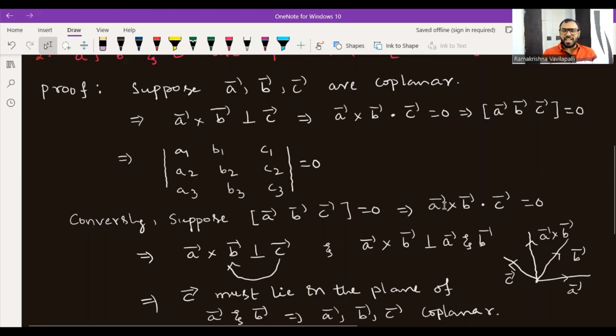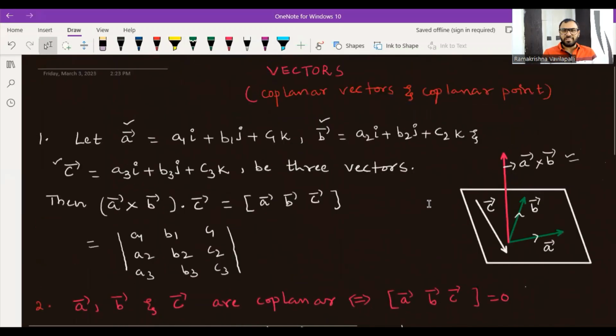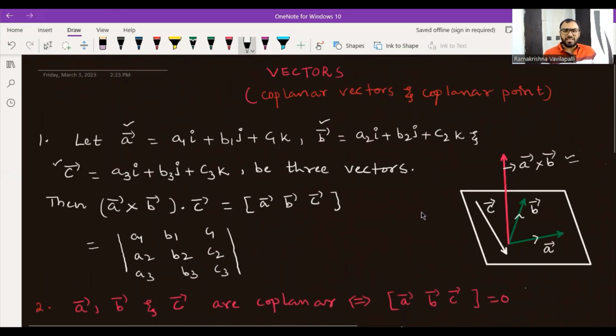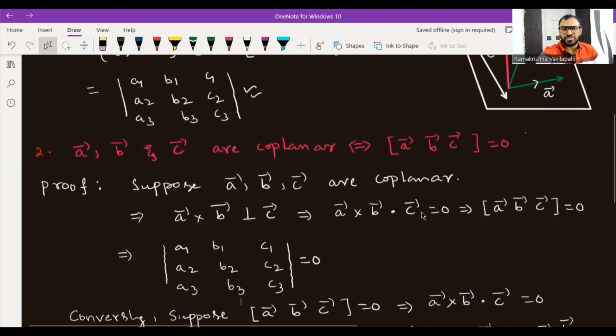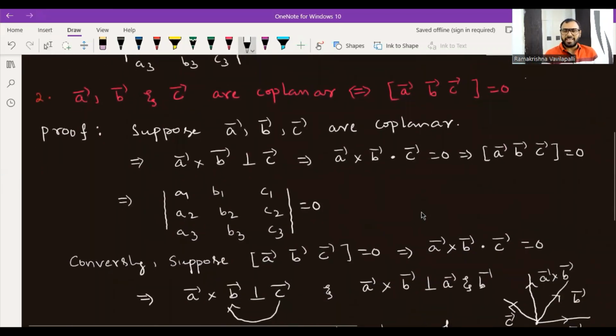Now, I have just proved that three vectors are coplanar is nothing but this box or determinant is equal to 0. So whenever they say three vectors are coplanar, immediately apply that determinant equal to 0 and expand the determinant, you will get the answer.